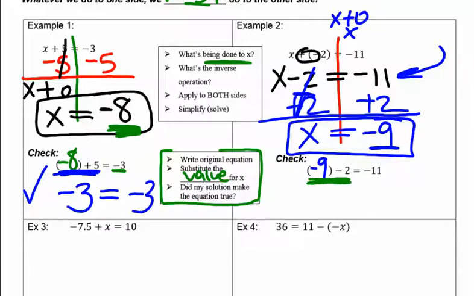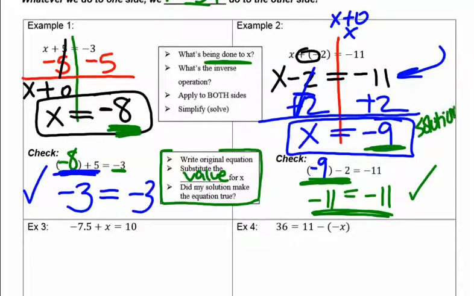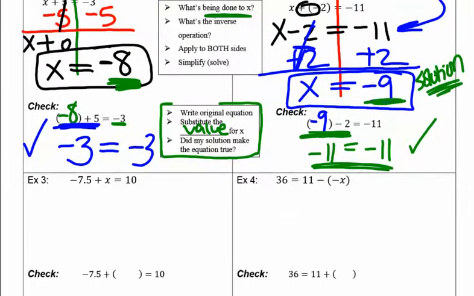So if I plug this into my calculator, or if we use what we know, negative 9 minus 2, that's a battle for the negatives. I do get something that is true, which means negative 9 is my answer, or negative 9 is my solution. So guys, another word for our answer, we can also call this our solution. Our solution is our answer.